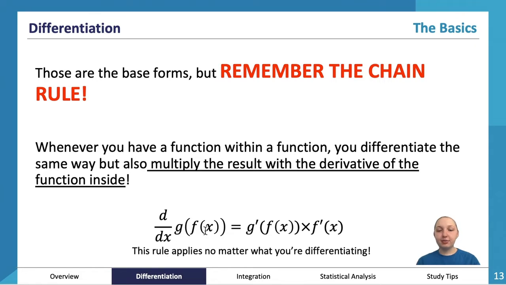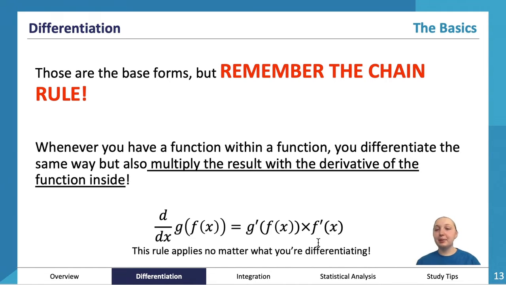If you have a function within your bigger function, so you've got some brackets within your function or something like that, what you need to remember to do is that you differentiate the whole thing first. So you've got g dash of f of x, and you have to remember that you need to multiply the entire derivative of the function by just the derivative of what's inside the function. So you do g dash of f of x multiplied by f dash of x, and that will give you the correct answer.